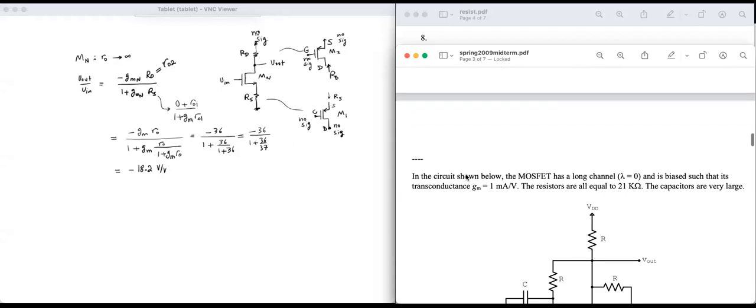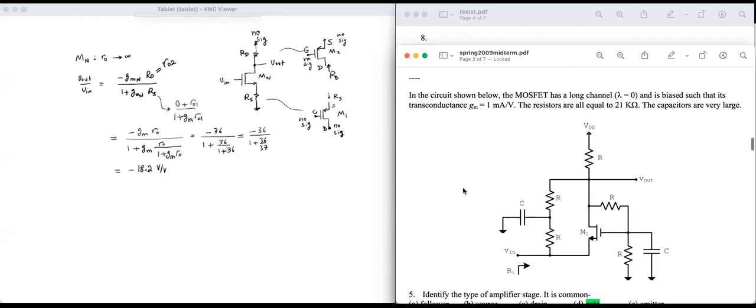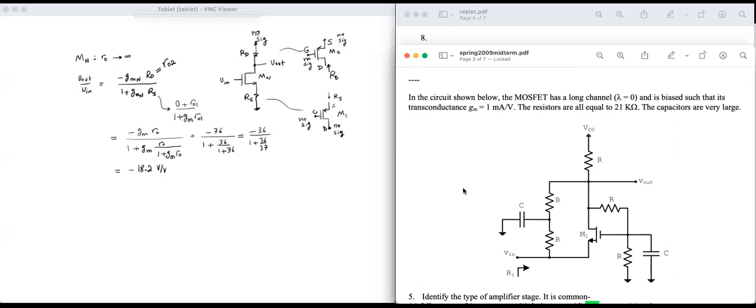Let's solve another exercise. Whoa, okay, big circuit. Not really that big, one MOSFET, but many resistors and capacitors. In the circuit shown below, the MOSFET again has a long channel, so the small RO is negligible, very large, and it is biased such that its transconductance GM equals 1 milliamp per volt.